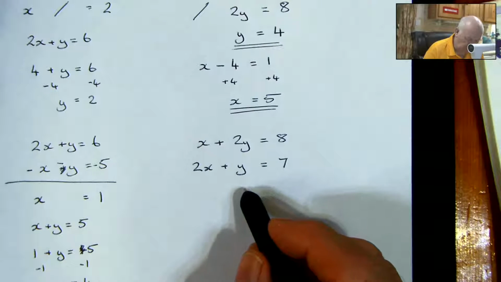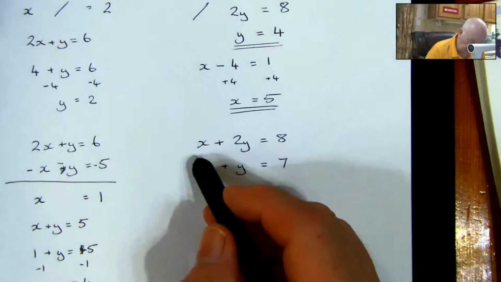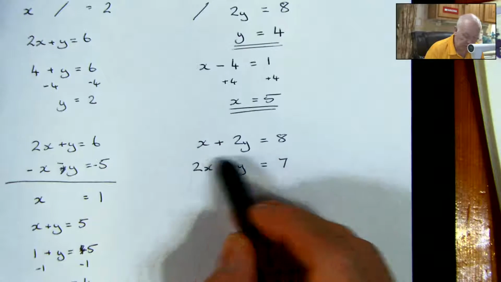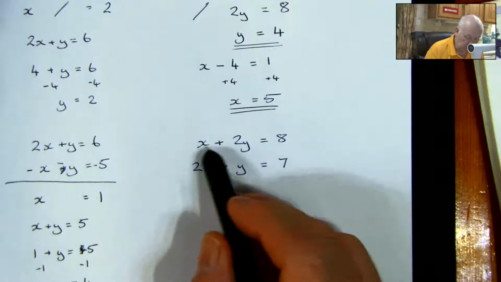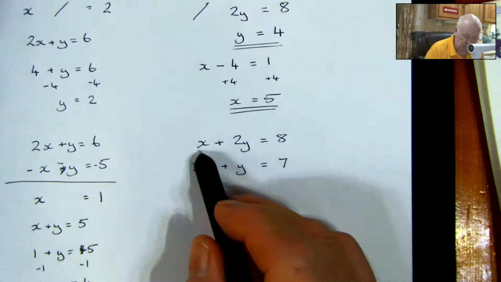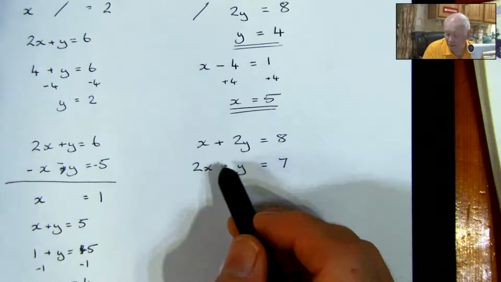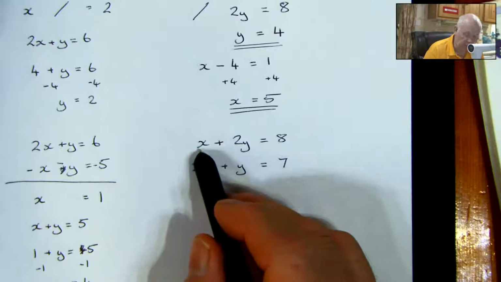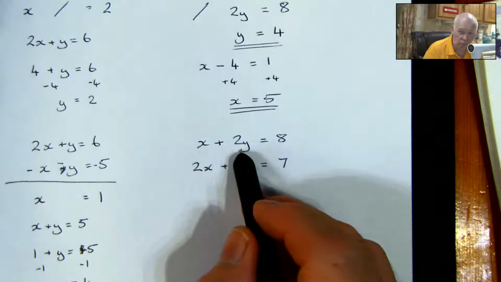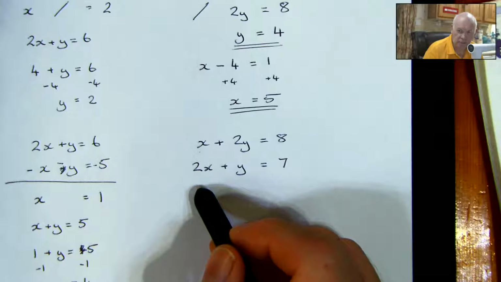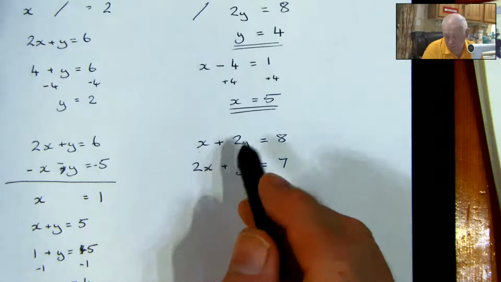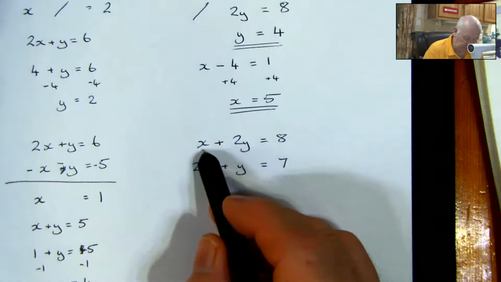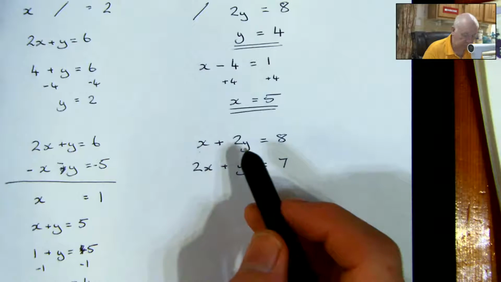What are we going to do now? Well, we need to eliminate them. So what I'm going to do is multiply them by something. And I have to decide whether I want to get rid of the x or the y. Let's get rid of the x.